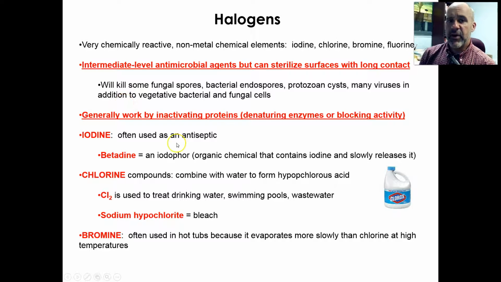So iodine is often used as an antiseptic. So remember, antiseptics are used on living tissues, human or animal tissues like the skin. And a real common iodine-based antiseptic is Betadine. We've all seen that, the brown stuff they rub on your skin. And again, just keep in mind, when they do that, they're not achieving sterility on your skin.